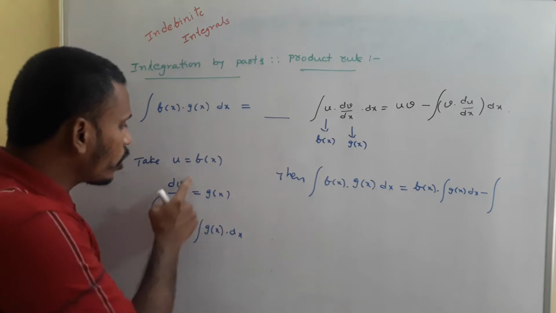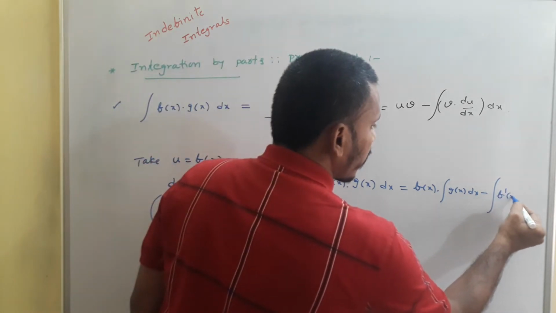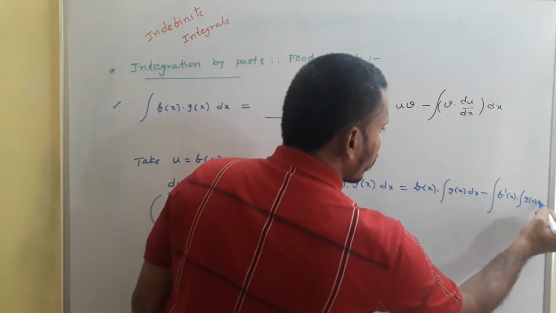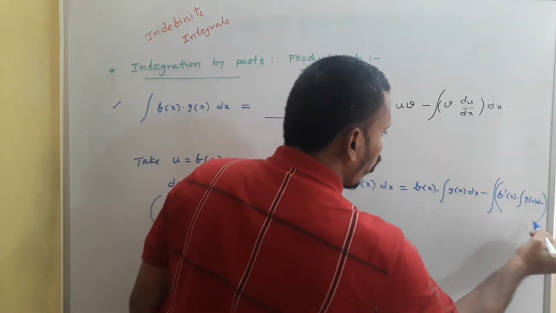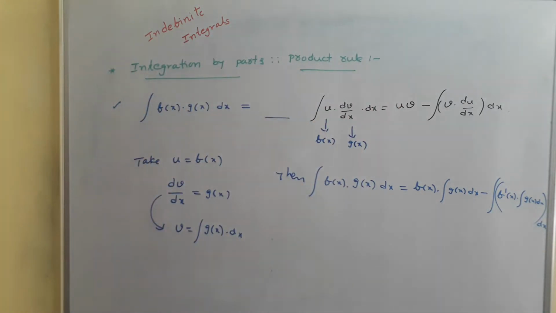Since u is f of x, du by dx is f dash of x, into v, and v is again the integral of g of x dx, and this whole thing is again with respect to x. Finally, that is the integral of f of x into g of x dx.